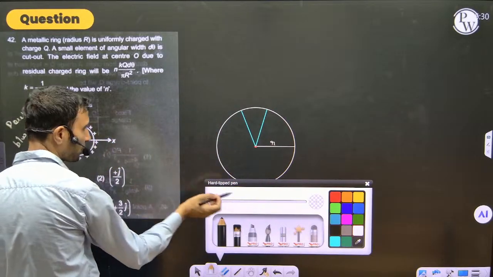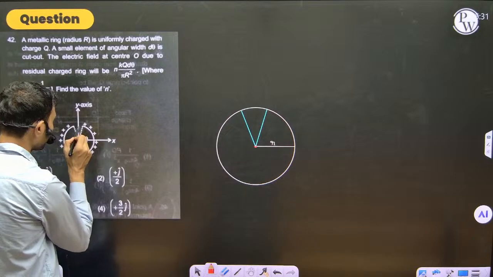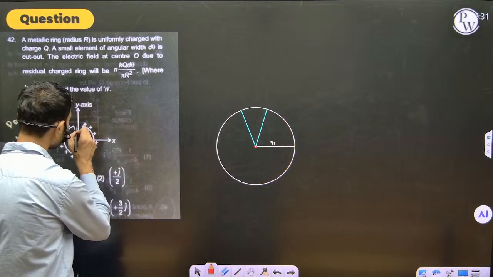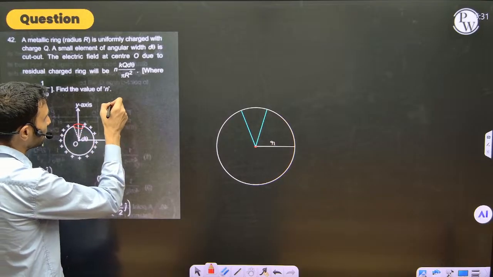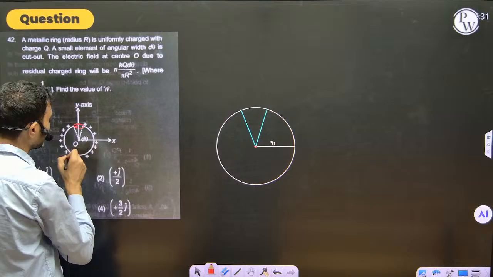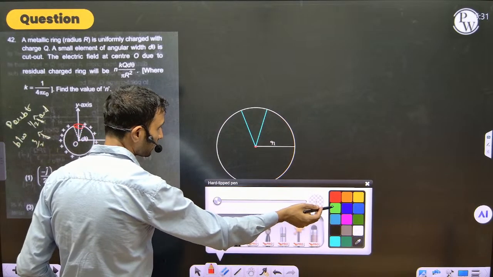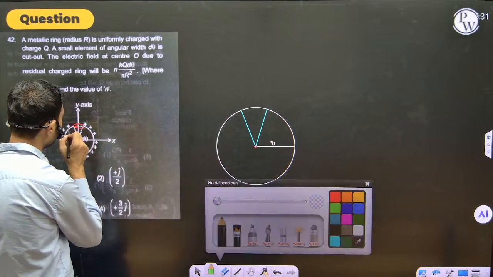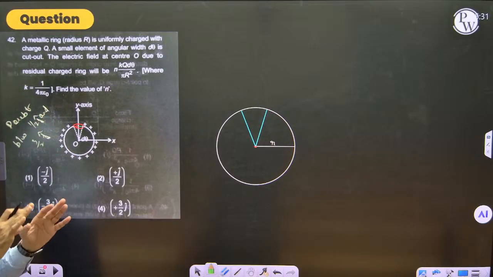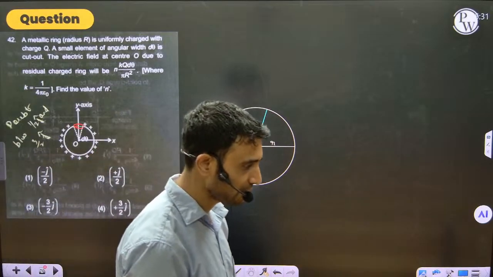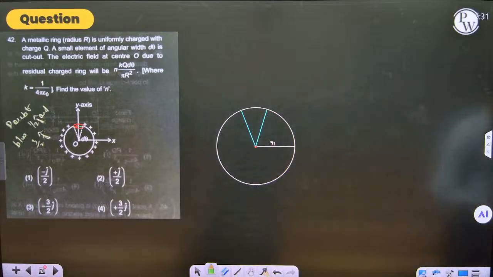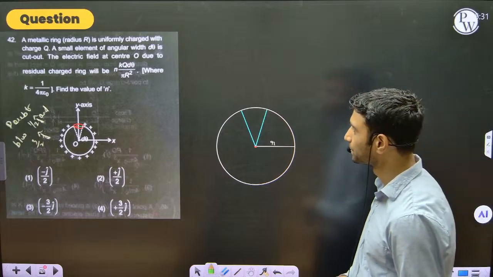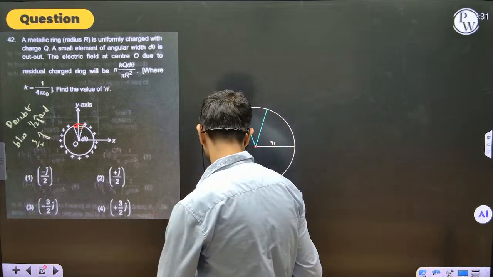But this portion has got no charge. No charge means positive also will be there and negative also will be there. If both positive and negative charges are there, that means there is no charge. That's what it means to have no charge. Positive also there and negative also there.